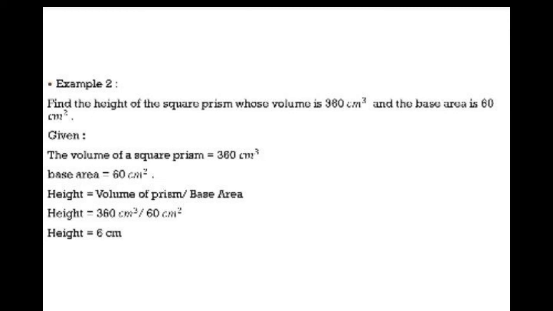Therefore, the height of the square prism is calculated as follows. Height equals volume of prism divided by the base area. Therefore, the height equals 360 divided by 60. The prism height is 6 cm.